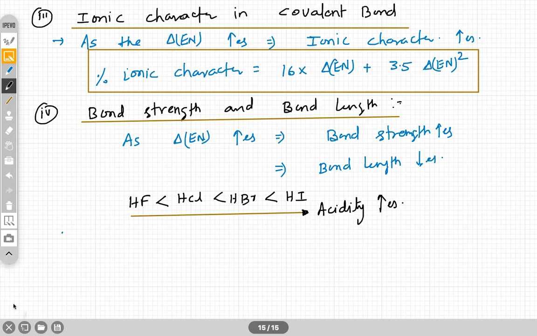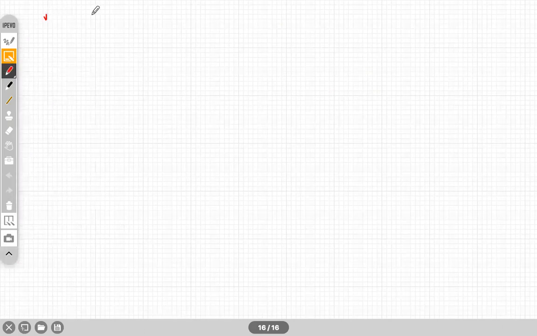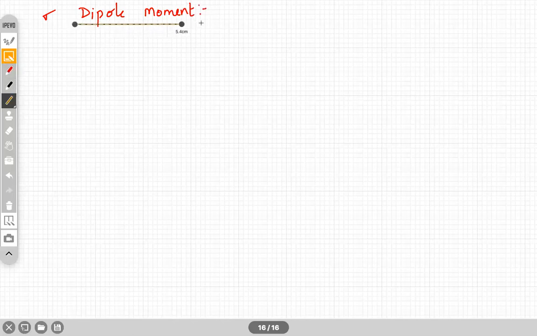Okay. The next term we'll see is, write down, dipole moment. Dipole moment is the characteristic of a dipole in any kind of field, electric field or magnetic field. What is a dipole?